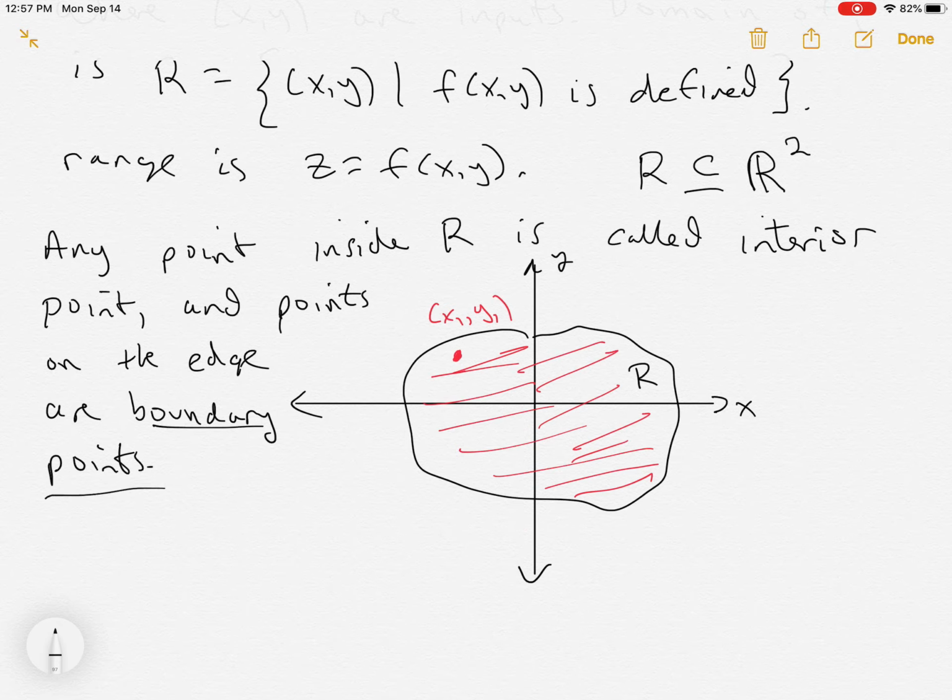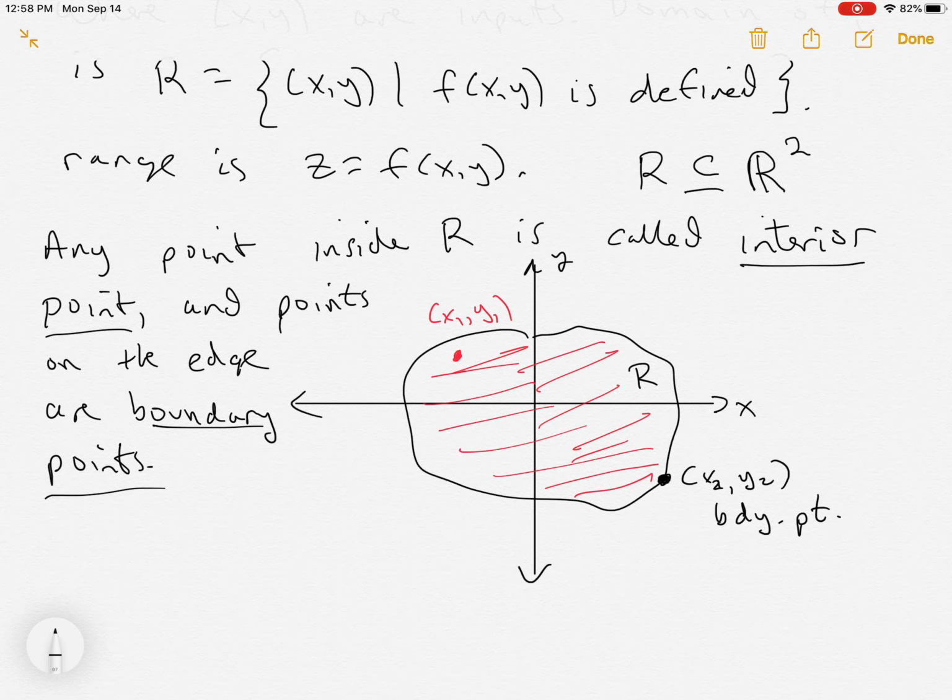Right, so boundary points and interior points. So this x1, y1, the way I have it drawn inside here, is an interior point. And if I put another point over here right on the edge, called it x2, y2, this would be a boundary point.